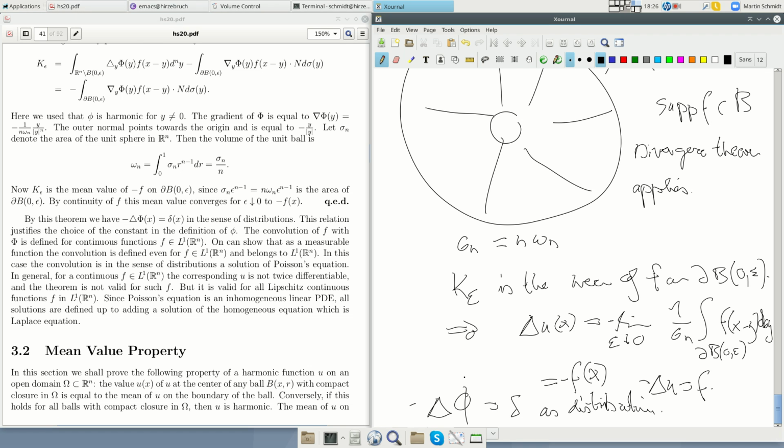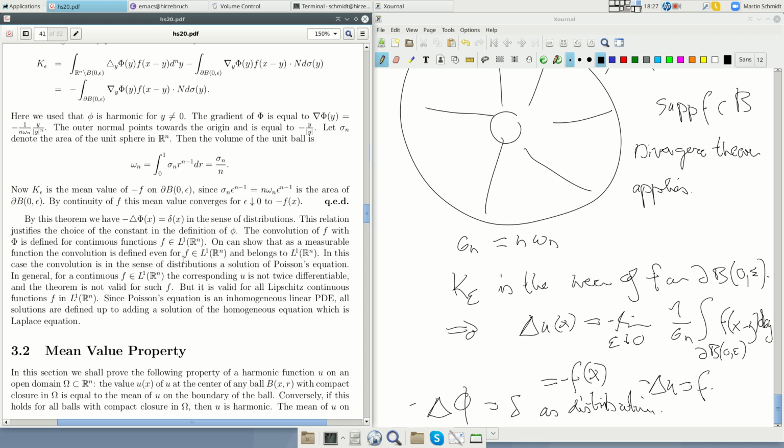So for f in L1, we really obtain as a distribution a solution of the Poisson equation.